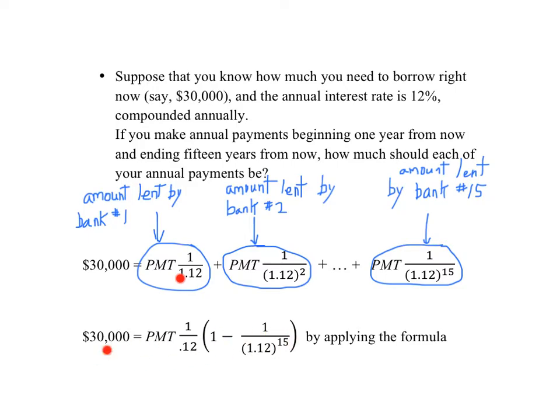We plug in 30,000 for PV, our known present value, the amount we borrowed today. 0.12 equals I, so 1 plus I is 1.12, and there are 15 separate payments from 1 year from now through 15 years from now.